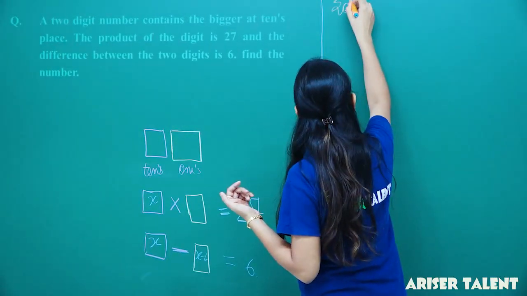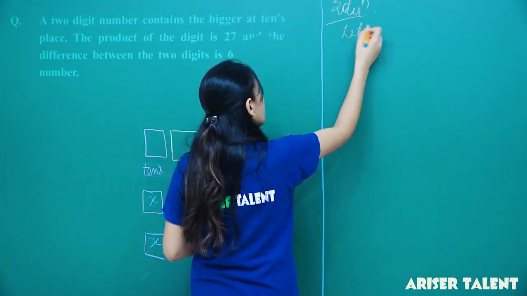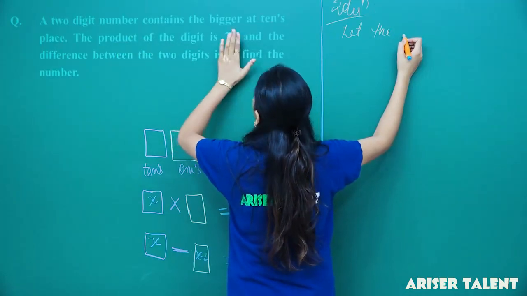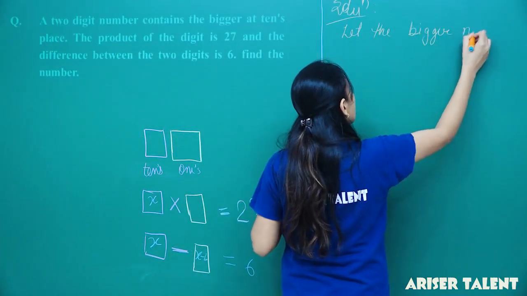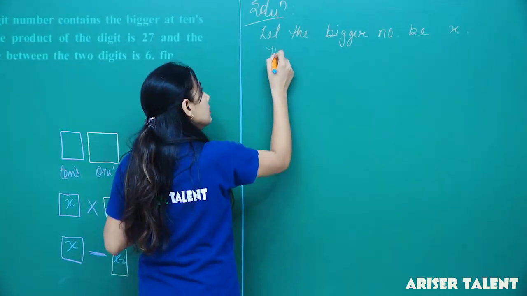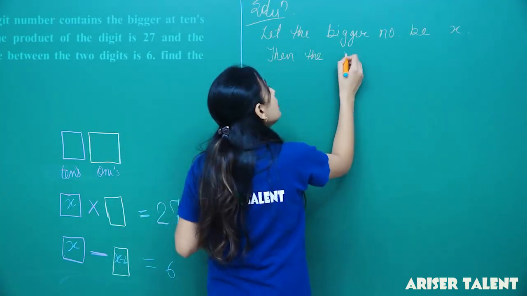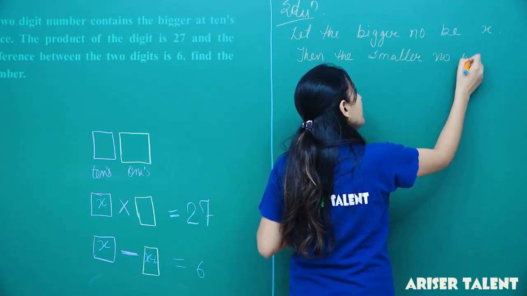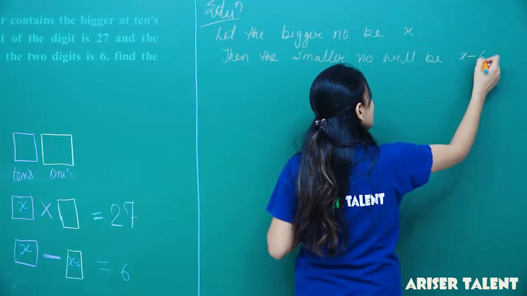So here's the solution part, students. Let the bigger number be x. Then the smaller number will be x minus 6.